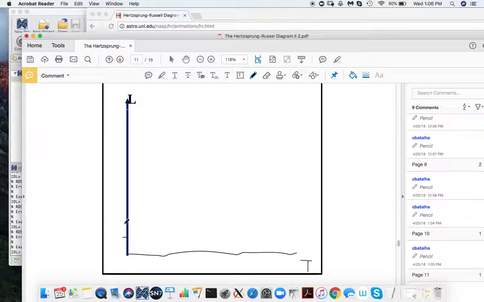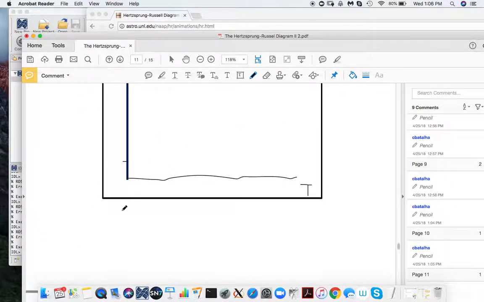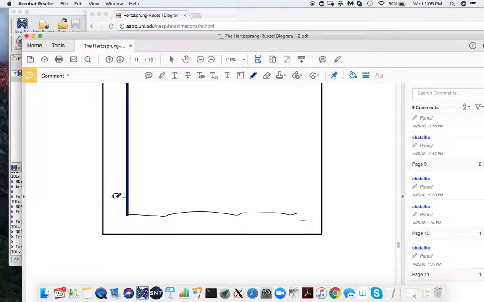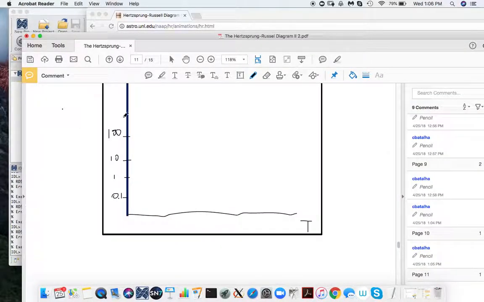So you put tick marks beginning with 0.1, and then you put another one that is equivalent to the sun, and then another one that's 10 times as big as the sun, another one that is 100 times as big, and that is pretty much mimicking what we got right here. This is 100 times, and then 1,000 times, 10,000 times, 100,000 times. So you can just keep on going.